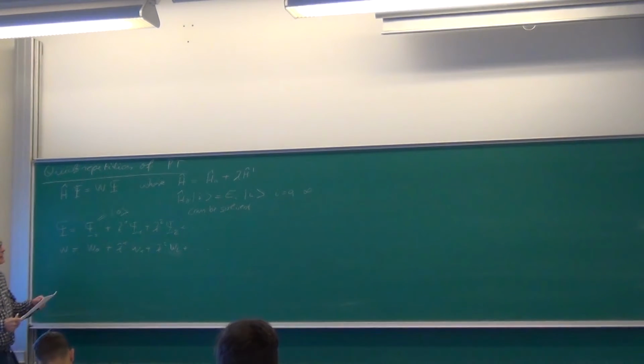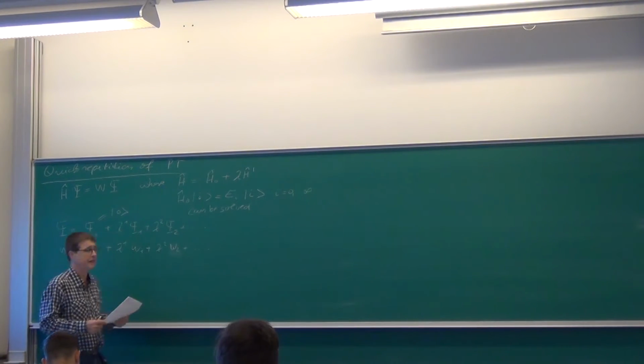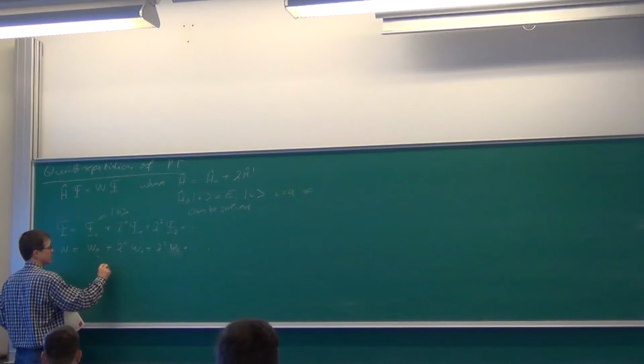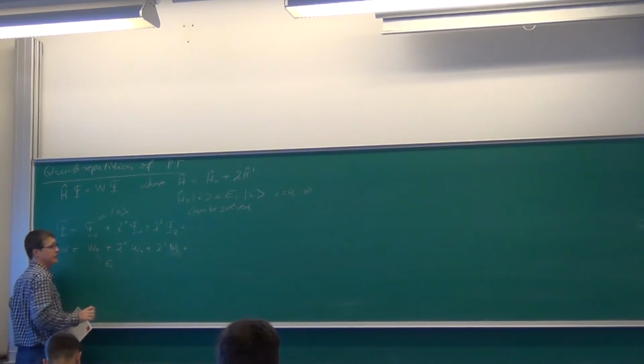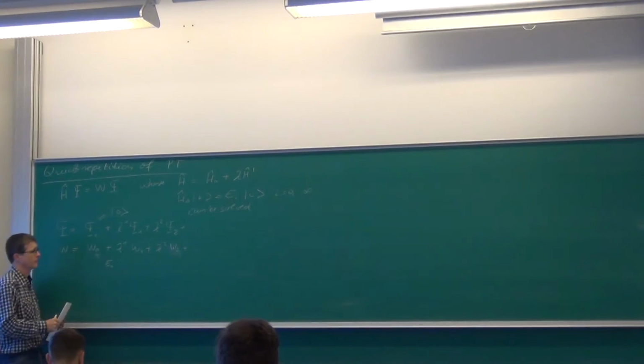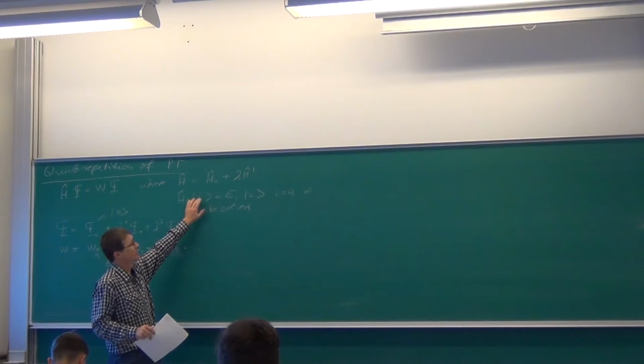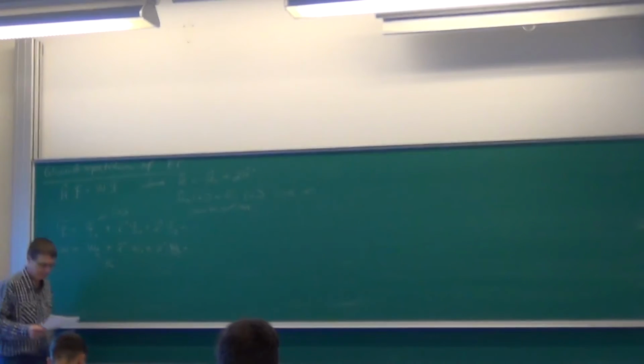And again, if that is one of those states, the one with the lowest energy, then this, of course, is going to be E0 also. So we expand around one of those solutions.